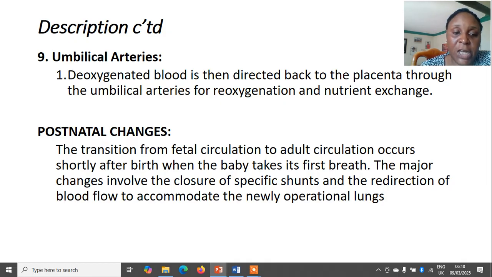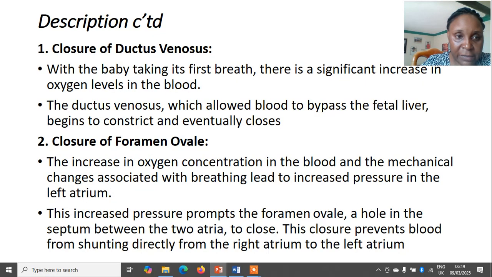The major changes involve closure of the specific shunts and the redirection of blood flow to accommodate the newly operational lungs. So immediately the baby takes the first breath, there is a change in circulation, what we have called a redirection. And these temporary structures close because now the breathing is not going to start from the placenta, now it is starting through the lungs.